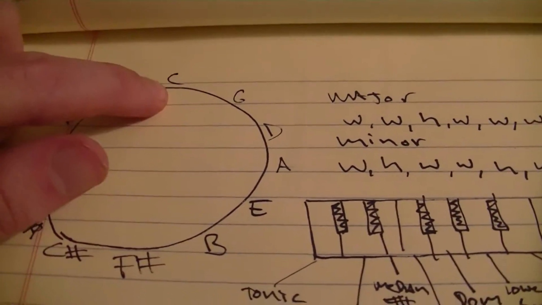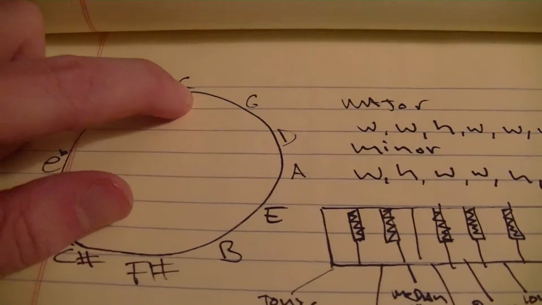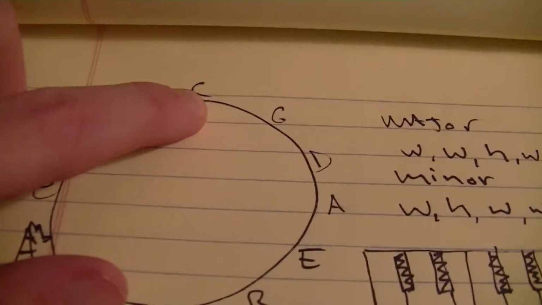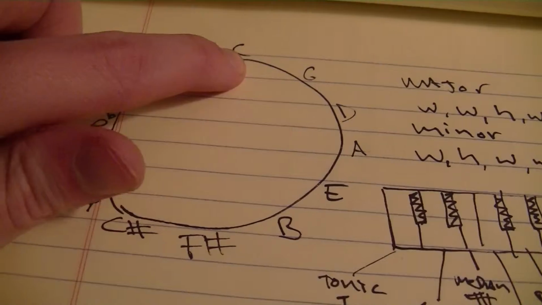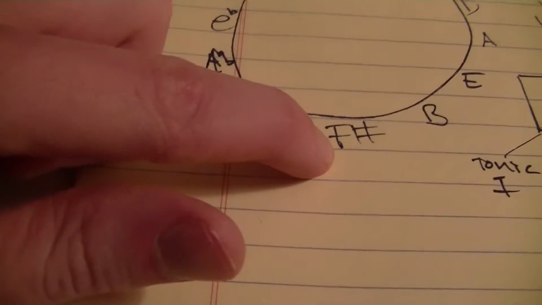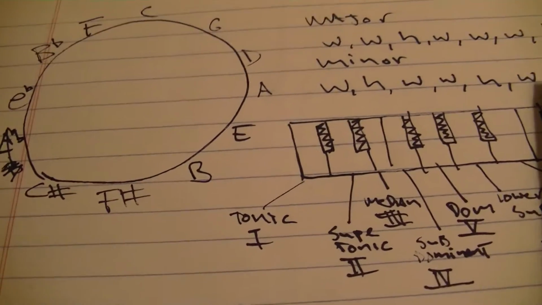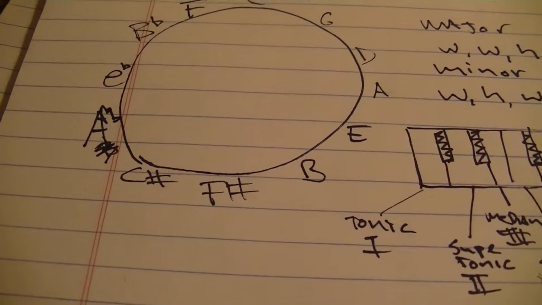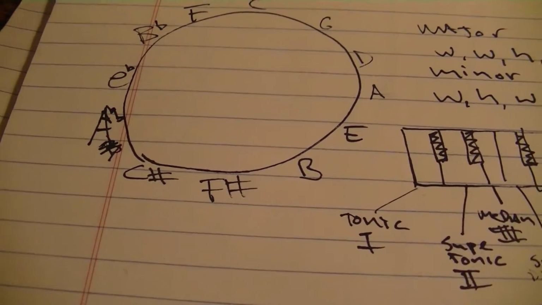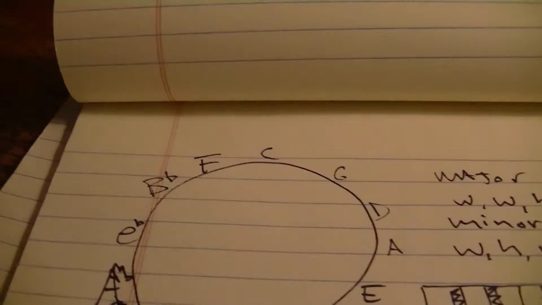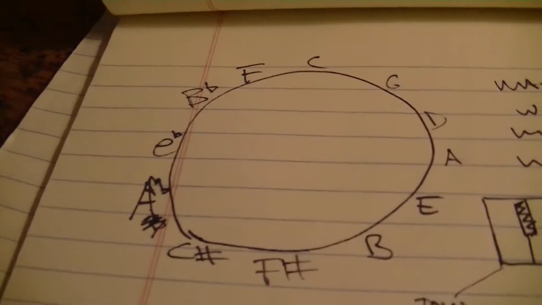So, C has no accidentals at all. There's no sharps, no flats. If we go all the way across to F sharp or E flat minor, it's almost all sharps and flats. It's the key that has all the black keys in it, whereas C has all the white keys in it.